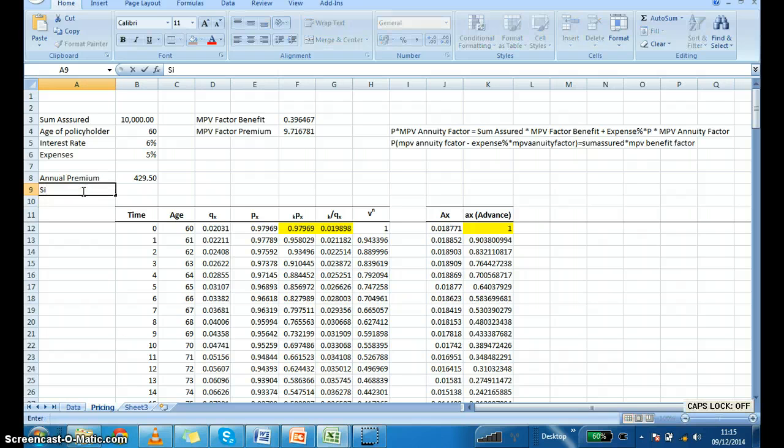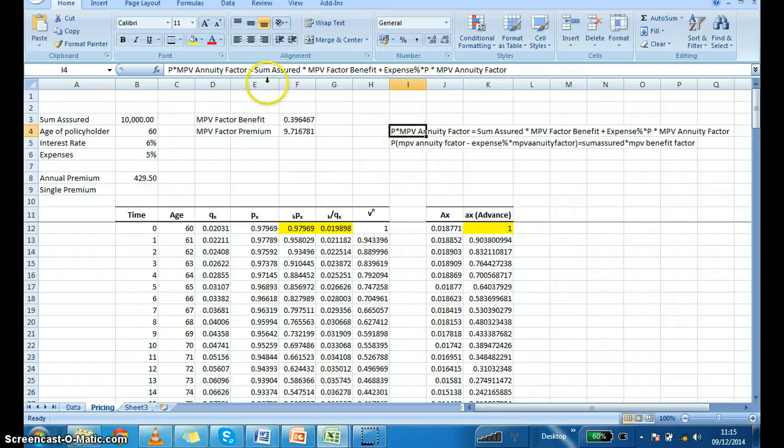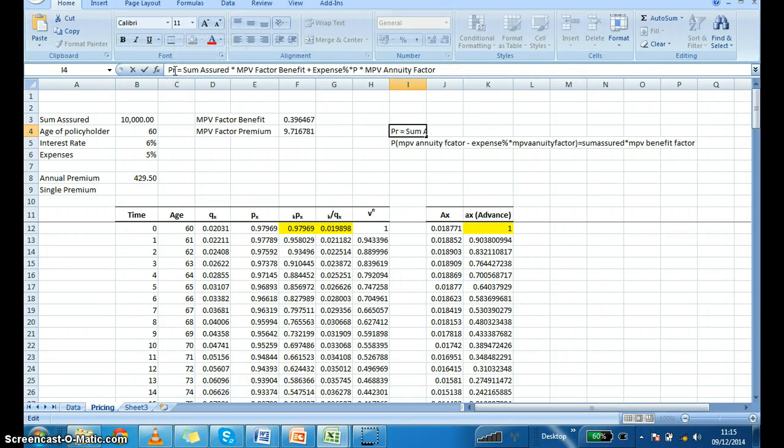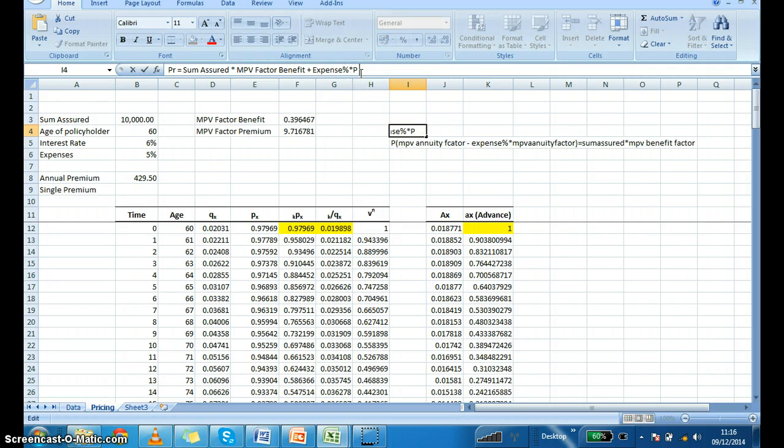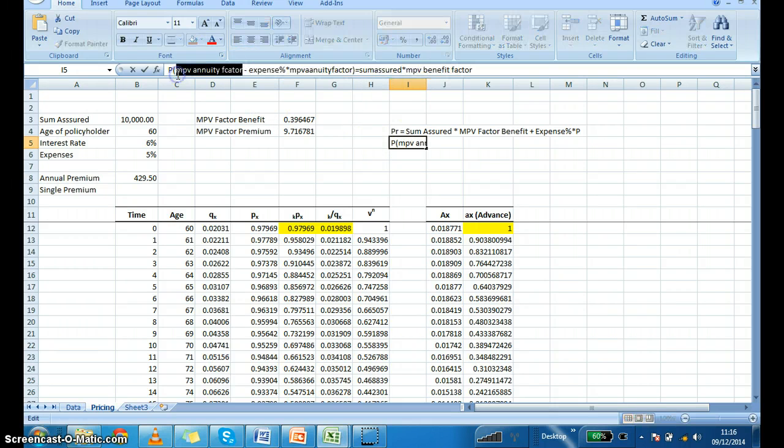We can also have a single premium, and for the single premium, if you come back here, we won't have the MPV annuity factor or the premium factor here. It'll just be left like that. And the expenses will just be a percentage of the premium. So even here we won't have this, rather we'll have 1 minus expense times the annuity factor.